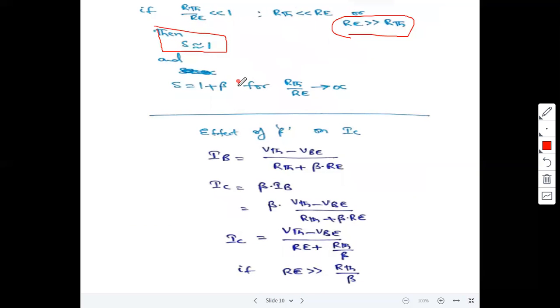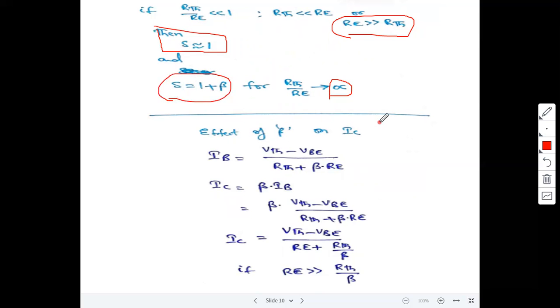And second, this is not a practical thing, but if R Thevenin by RE tends to infinity, that is very, very high, very much greater than 1, then the stability factor is equal to 1 plus beta.